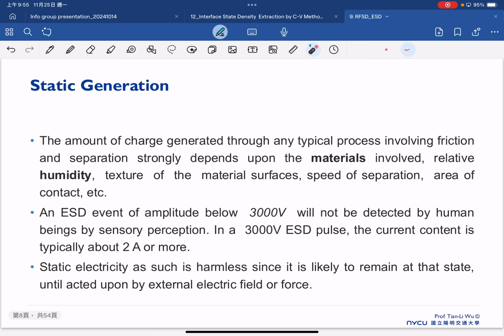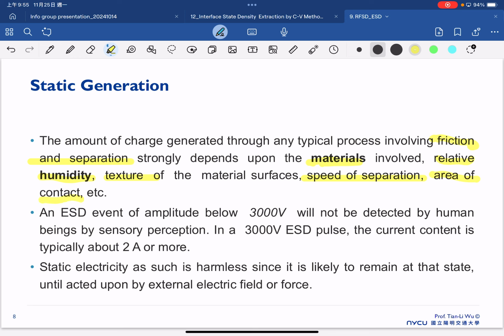So the amount of charge generated through any typical process involving friction and separation strongly depends on the materials involved, and also relative humidity, and also the texture of the material surface, the speed of the separation, and the area of contact.